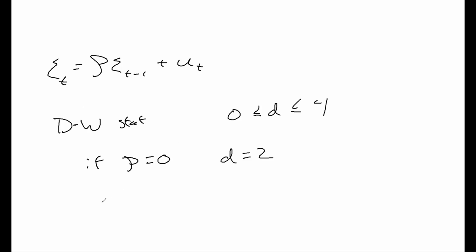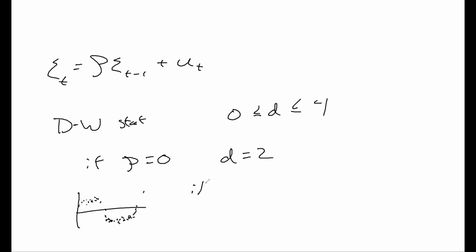Positive autocorrelation would mean that when you have a positive, you're more likely to have another positive, and if you have a negative, you're more likely to have more negatives, meaning they come in groups. Positive autocorrelation is typically the problem.